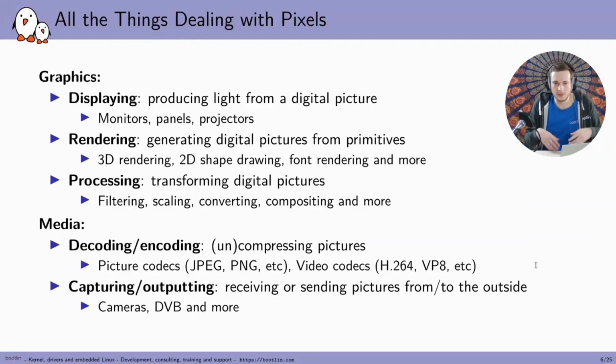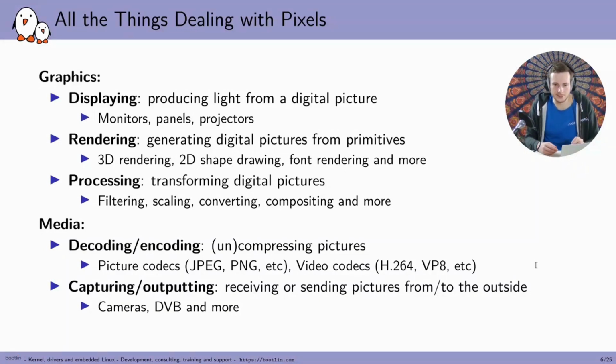So first of all, we have displaying pictures. So this is just using a screen like a monitor or a panel, but it might also be a projector. And the idea is just to basically reproduce light from these digital representations. So that's what we're going to be interested in at the end of the graphics pipeline.